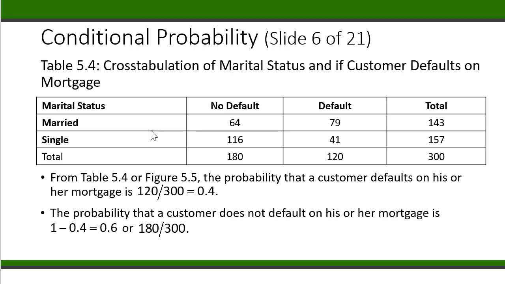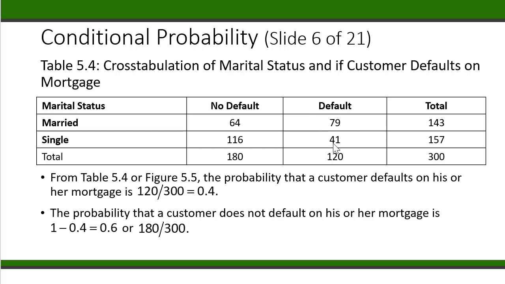One of the first things you'll want to do is create a pivot table, with marital status as your rows and whether you defaulted or not. Once you have that, you can determine the probability that a customer defaults on his or her mortgage: 120 divided by 300.